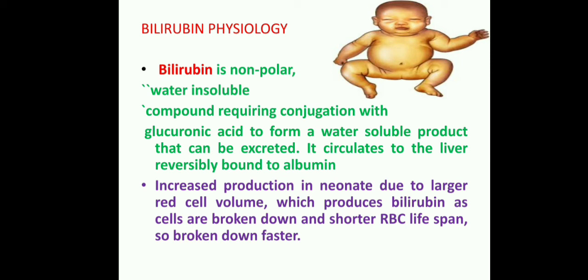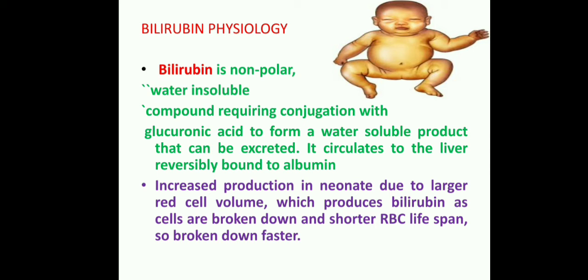Bilirubin is a non-polar, water insoluble compound requiring conjugation with glucuronic acid to form a water soluble product that can be excreted. It circulates to the liver reversibly bound to albumin. This is about bilirubin.